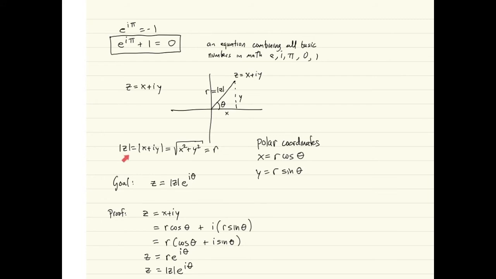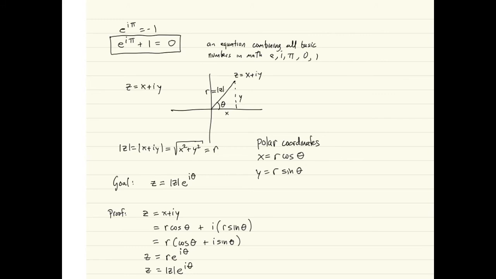First of all, what we see is that the norm of z, a complex number z, is equal to r. That we kind of see from this picture here. And that the complex number z, we can write it in terms of the variables of polar coordinates as the absolute value of z, which is r, times e to the i theta.